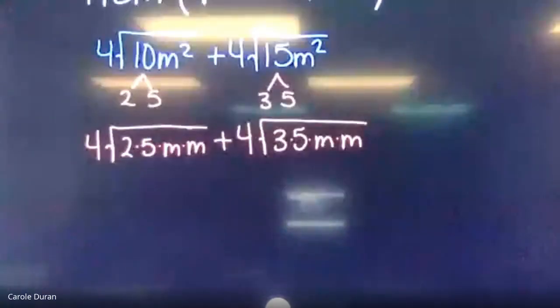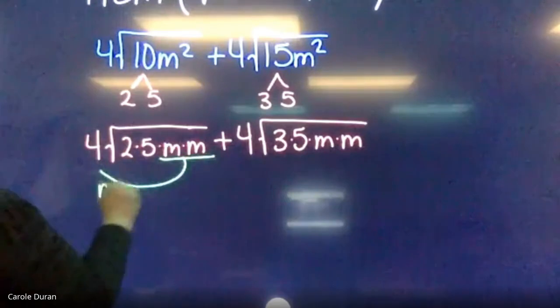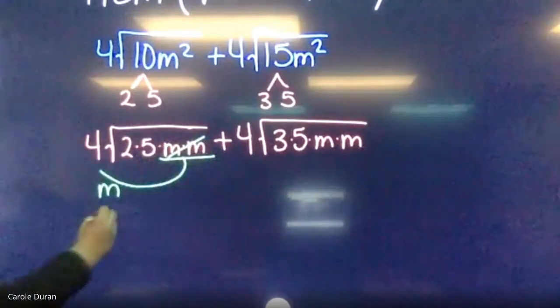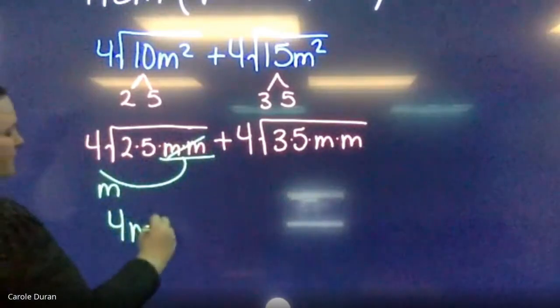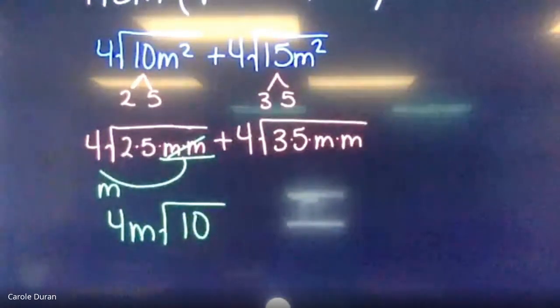Then I'm going to look for identical pairs. In my first radical, the only identical pair I have are the m's. So I go ahead and pull a base m out. So the first radical becomes 4m times the square root of 2 times 5, which is 10. Same thing happens in the second radical.